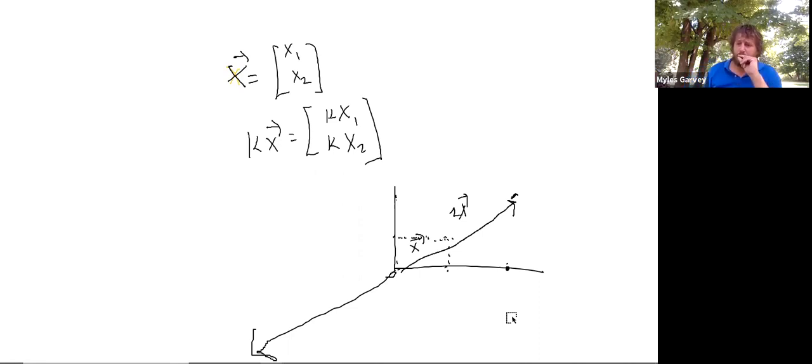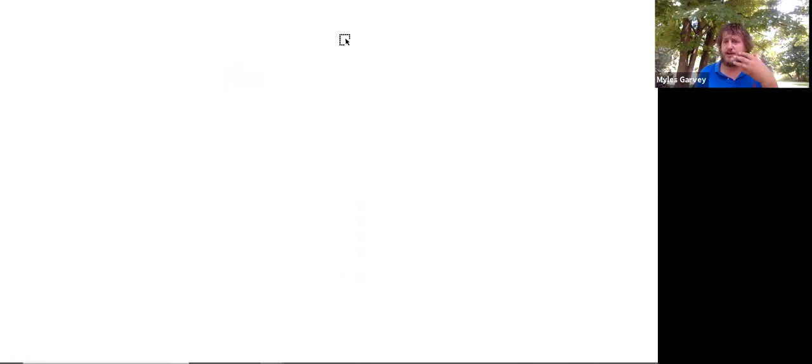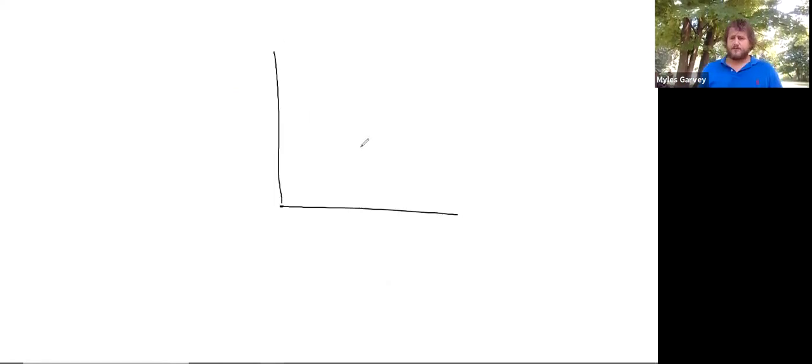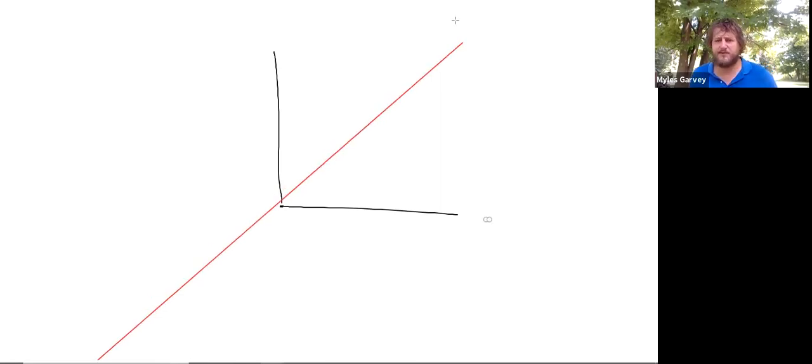Now, one last concept to close out vectors, at least in terms of their geometric interpretation, is that we can consider a whole set of vectors. So for example, suppose I have just a straight line that looks like this. I have an infinite number of vectors that fall on that line.